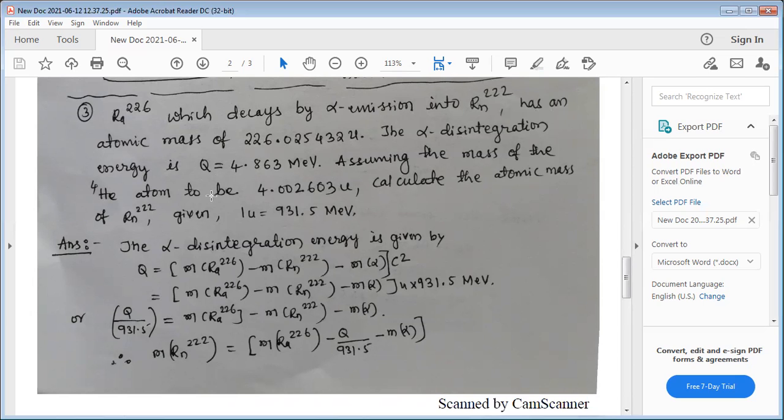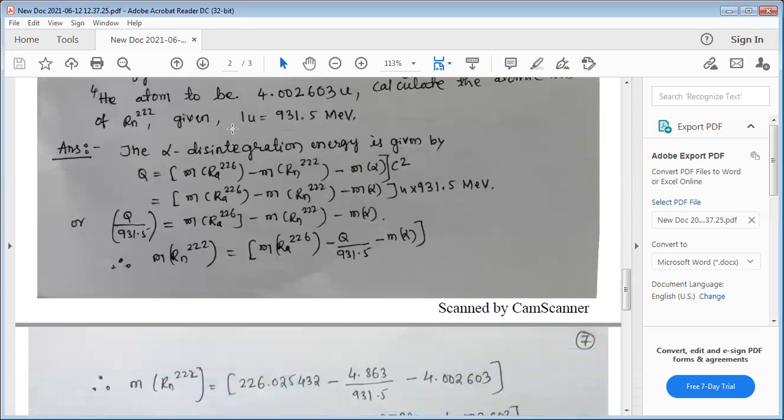The alpha disintegration energy is Q equal to 4.863 MeV. Assuming the mass of the helium 4 atom to be this much, calculate the atomic mass of radon 222, given 1 unit is equal to 931.5 MeV.